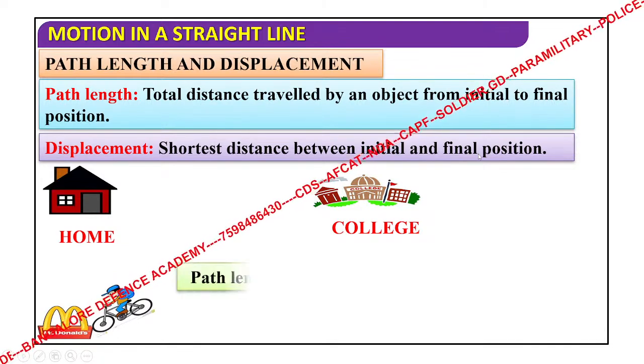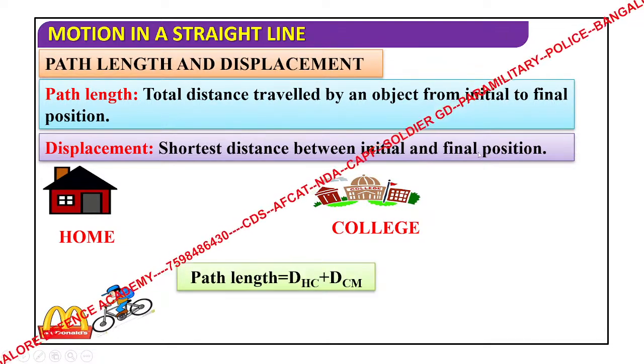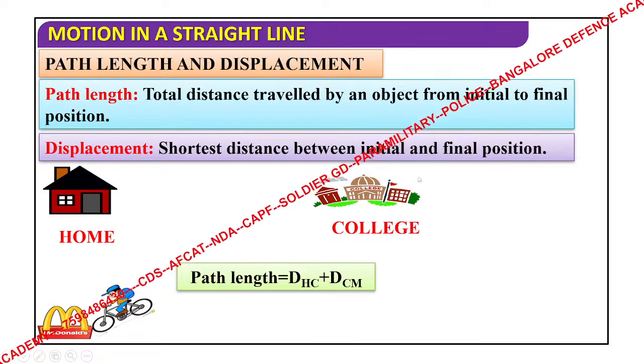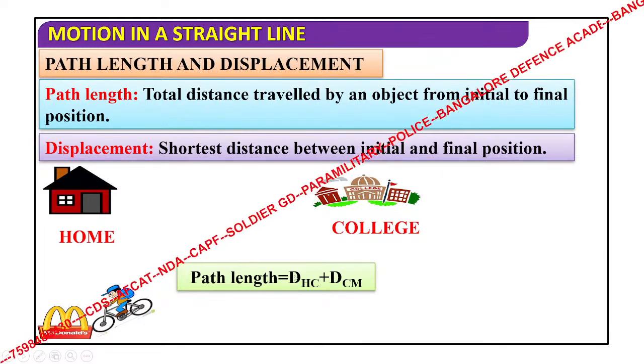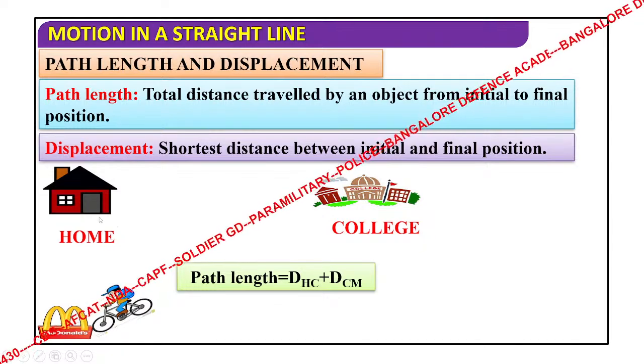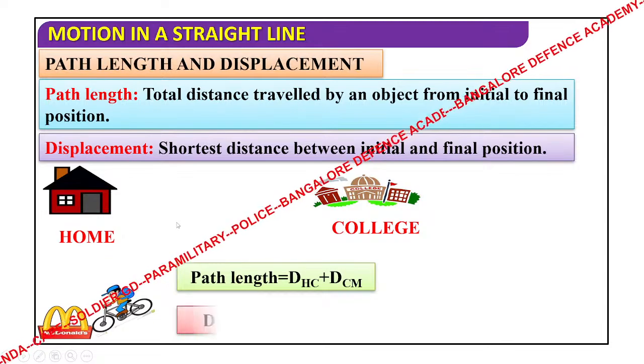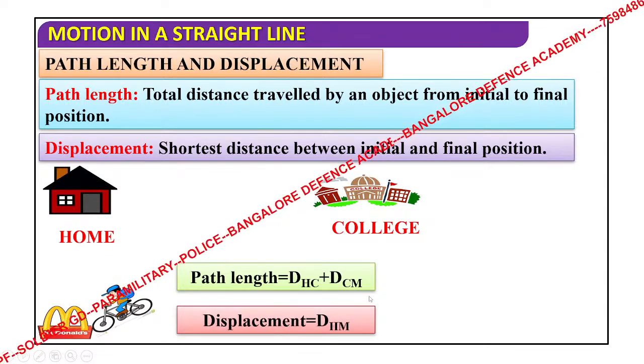Okay, so now what is the path length traveled? The distance from home to college. Okay, look at the formula here in the box. Path length traveled is given as the distance traveled from home to college and then from college to McDonald's in this case. What is the meaning of displacement?